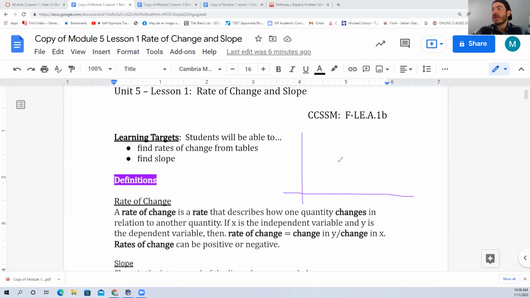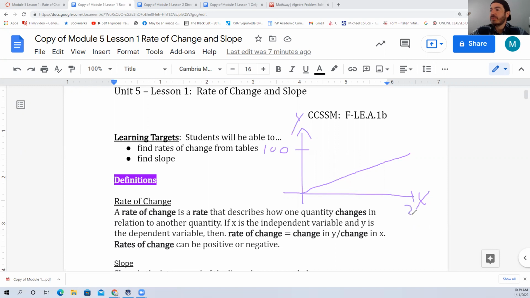A way in which we generally see this, even though we don't think about it, is the speed in a car. So if I'm going to graph me traveling somewhere, let's say I'm going 100 miles, and the y-axis is distance. This is the dependent variable. And my x-axis is time.